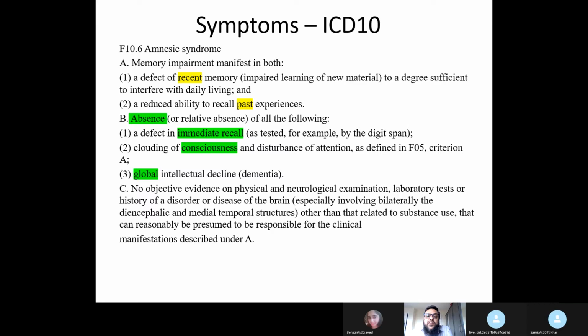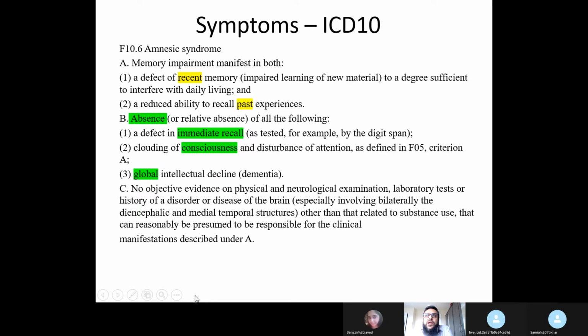Because it is F10, they are suggesting alcohol is the most likely cause. Now we know that alcohol is, yes, but then there is an underlying or secondary thiamine absorption deficiency, which is causing that amnesic syndrome in the end.